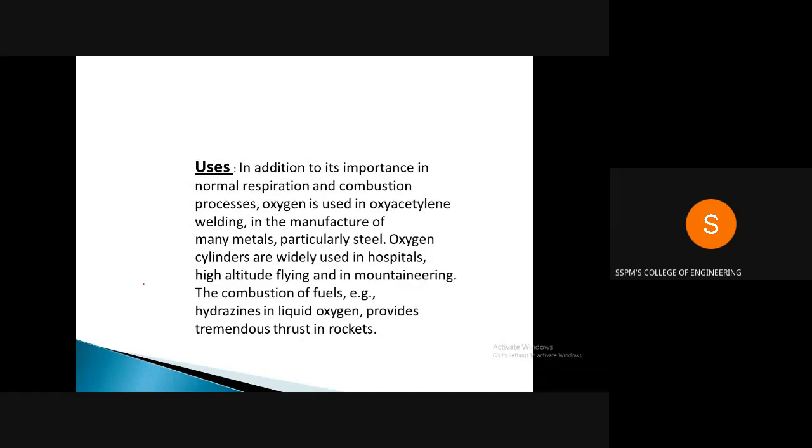Then these are the uses of oxygen. This point is also important. Oxygen cylinders are widely used in hospitals. These are very important uses of oxygen.